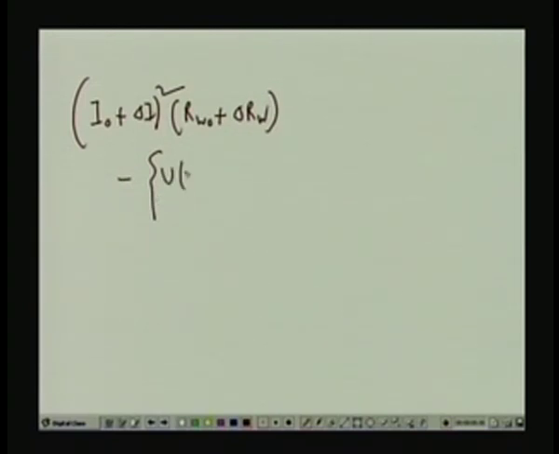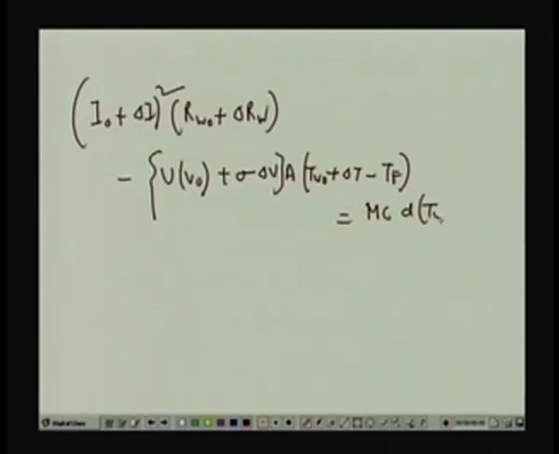Here, take a new page: I naught plus delta I whole square, into RW naught plus delta RW, minus U V naught plus sigma delta V, A multiplied by TW naught plus delta T minus TF, equal to MC derivative of TW naught plus delta T by dt, right.